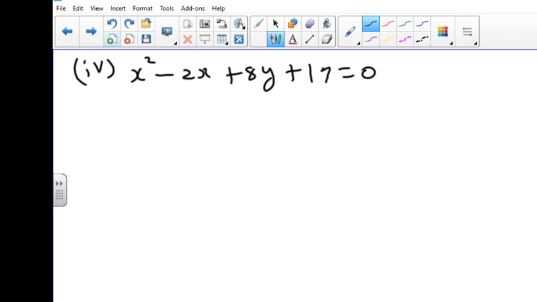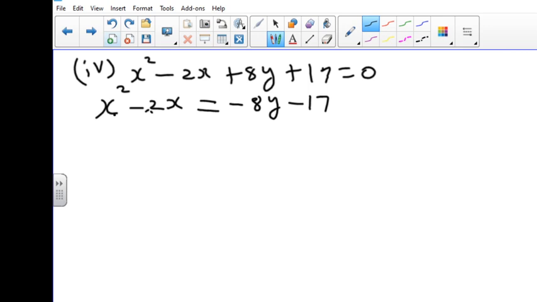It is a parabola, therefore we have x square, so it will be of the x square form. Therefore, x square minus 2x, keep it on the left hand side and take the other two terms to the other side, so minus 8y minus 17. Now we have to complete the square. This is a square and this is minus 2ab, so we need plus b square. We have seen already how to complete the square.